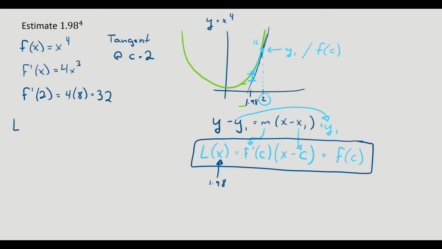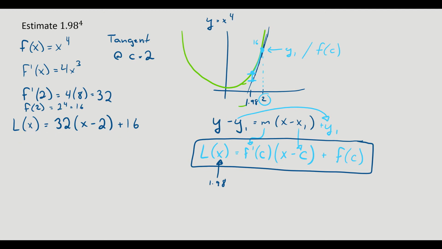So I have L of x is equal to 32 times x minus 2, because that's where I'm approximating at, plus f of c. So that's the original function evaluated at 2. So we go f of 2, which is 2 to the fourth, which is 16. So it's plus 16. Now that right there is the linear approximation at 2. But what's the whole reason that we created that?